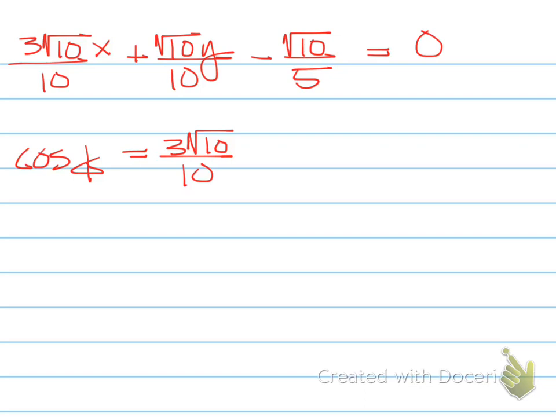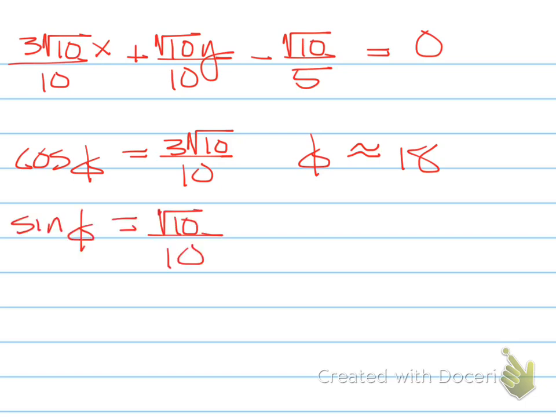Since the first term is x cosine phi, I just set the cosine phi equal to the coefficient for x. So the value of phi I can get by finding the arc cosine of 3 root 10 over 10, and that's going to give me approximately 18.